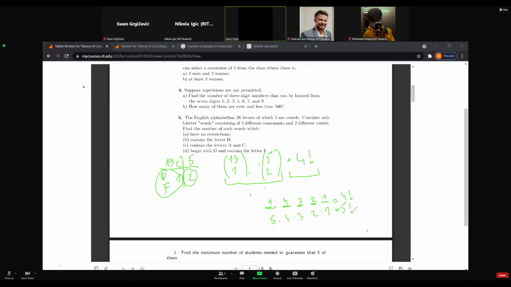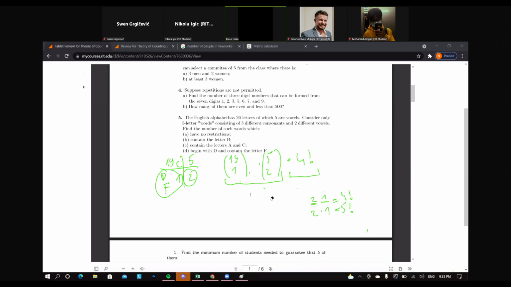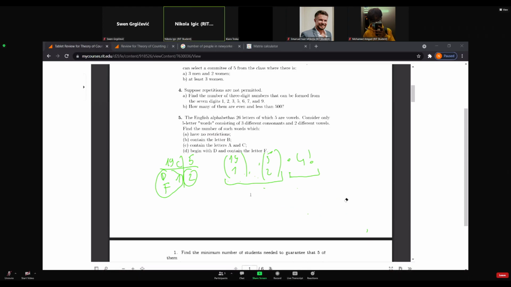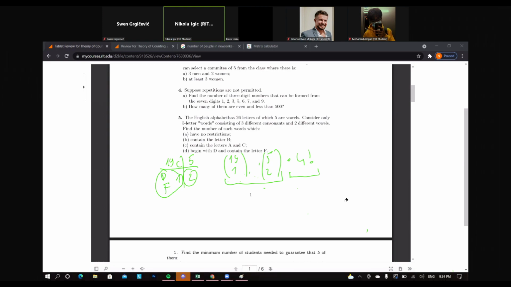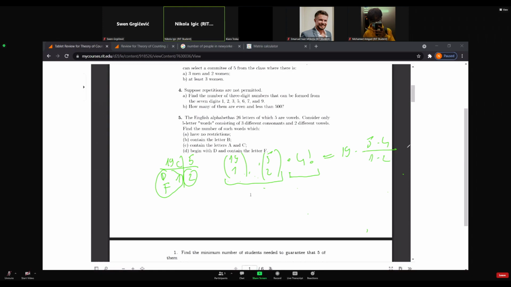You understand? But because I know it starts with a D, it's not ending with a D. I can just use this, and okay, this is 19 times 5 over 1, 4 over 2, and times 4 factorial. And you just calculate this.